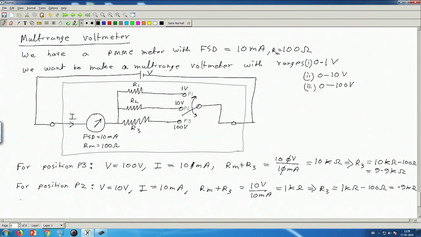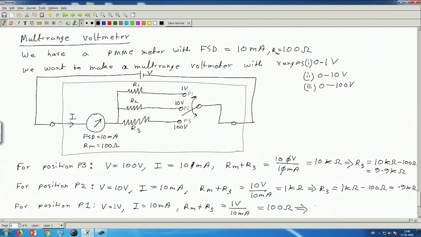And similarly for position P1, the applied voltage should be 1 volt, and the current is once again 10 milliampere. So Rm plus R3 will be 1 volt divided by 10 milliampere, so this is 0.1 kilo ohm or 100 ohm.